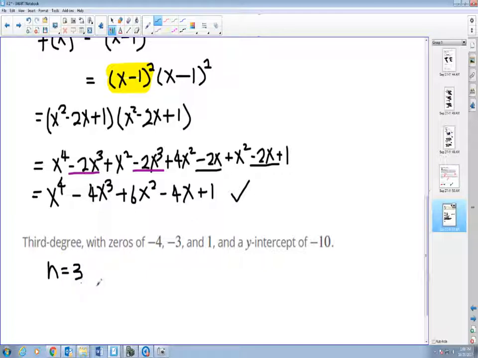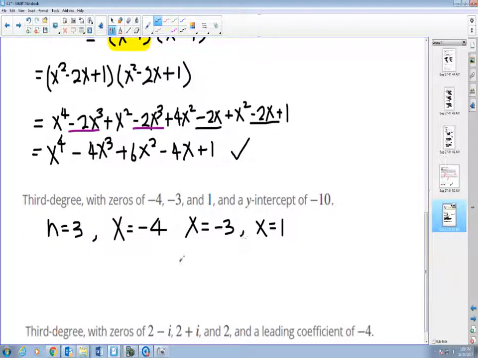It gave me my 3 zeros, because when the highest exponent is 3, I should have 3 zeros: x equal to negative 4, x equal to negative 3, and x equal to 1. But then after that, it says we're also going to end up with a y-intercept of negative 10. So let's take care of this toward the end, okay? Let's just multiply this thing out, see what my polynomial is based on these 3 zeros. Then we can take a look at how we can deal with that negative 10.